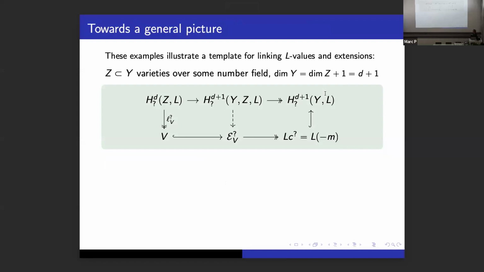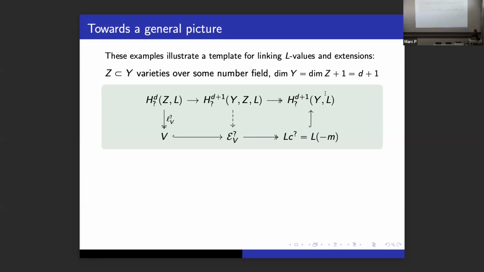We had a variety Y, we had a subvariety Z, of codimension 1, at least I'm going to assume that for simplicity. And then we looked at this relative cohomology sequence for various cohomology theories: singular cohomology, de Rham cohomology, étale cohomology, algebraic de Rham cohomology, and we have comparison isomorphisms between all of these theories.